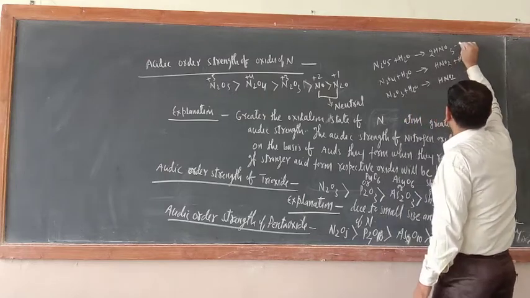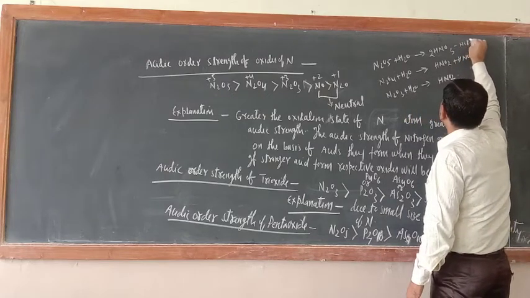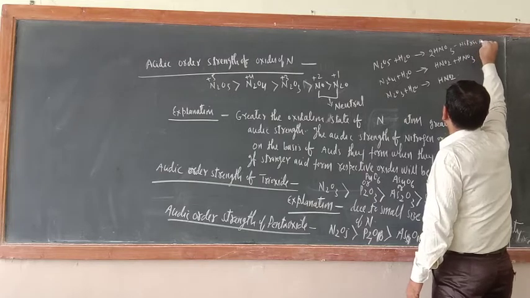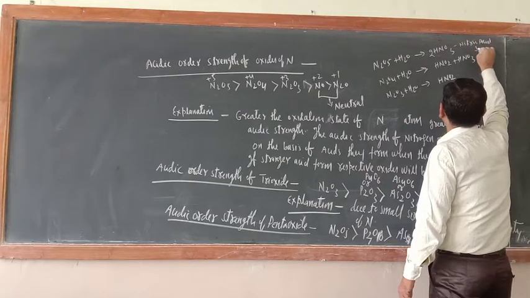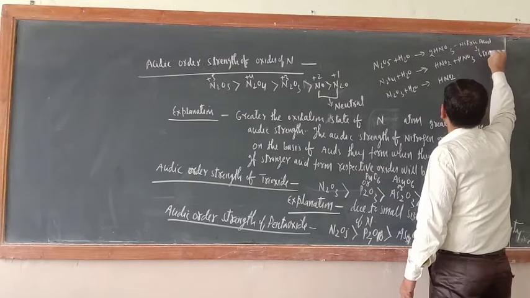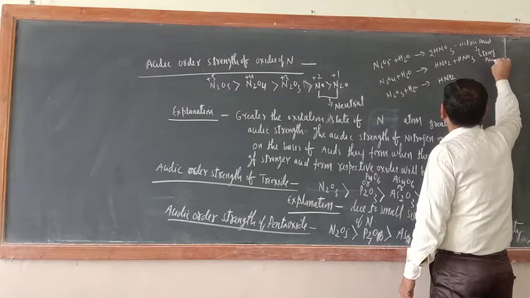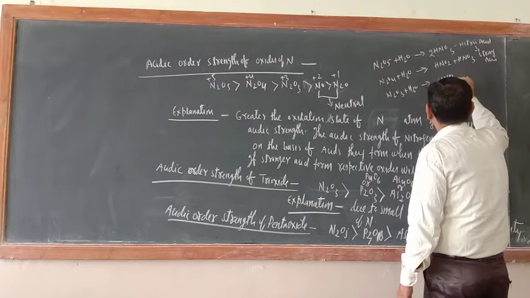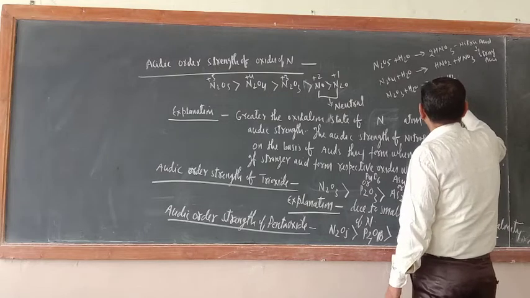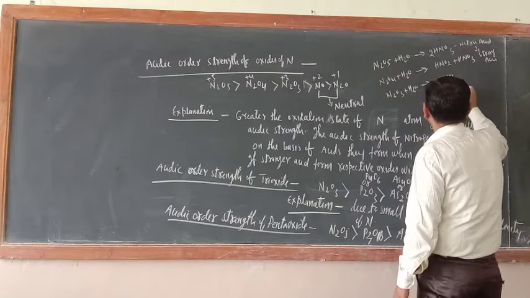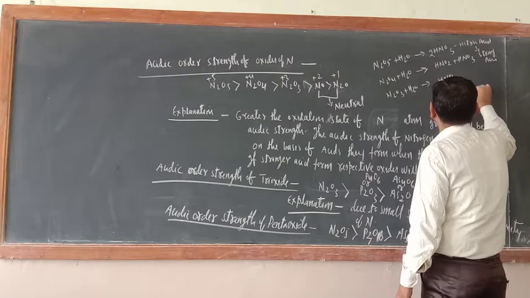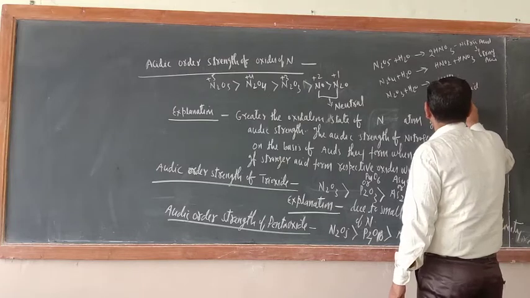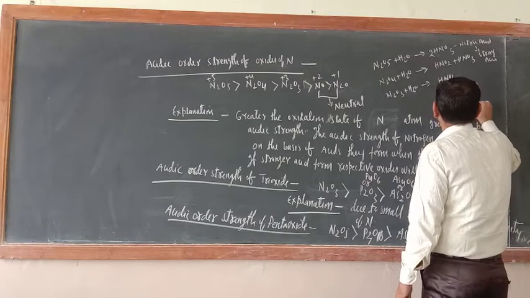What is the name of this one? Nitric acid, and this nitric acid is a strong acid. What about this one, HNO2? This is nitrous acid, and this nitrous acid is a weak acid.